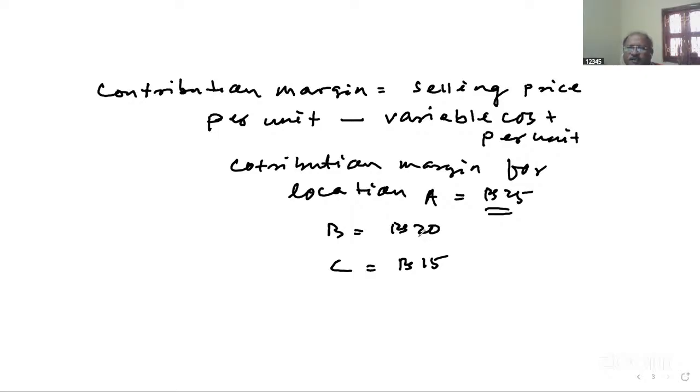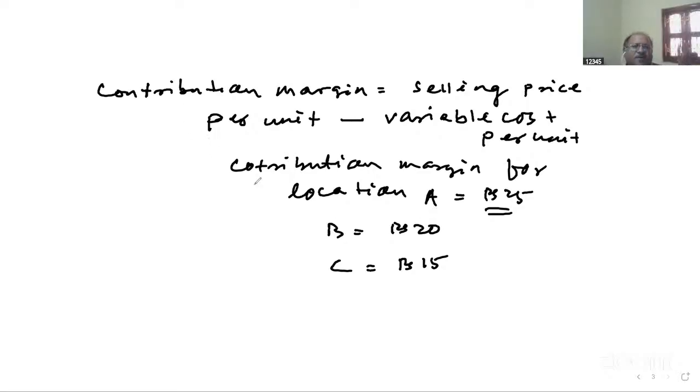So that is why contribution margin for location C is much lower in comparison to location A. Since the contribution margin for location A is the highest, it generates more profit per unit above your break-even point. So that is why location A is the more advantageous one, because of the highest contribution margin.